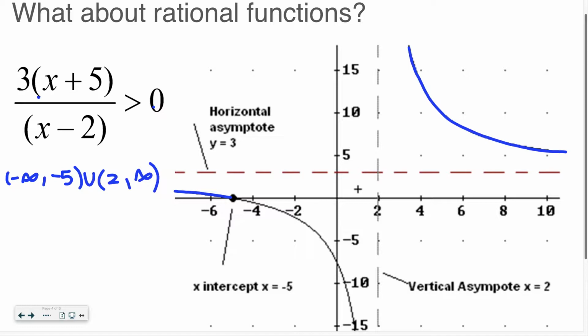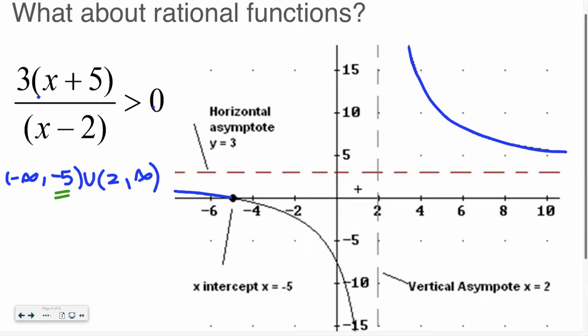Well, when we were talking about our polynomial examples, we were talking about how we need to find the zeros, and that breaks up when we're above and when we're below. Well, how many x-intercepts do we have in this graph? 1. It's x equals negative 5, right? Well, what other x value is affecting where my graph is? The asymptote, specifically the vertical asymptote.